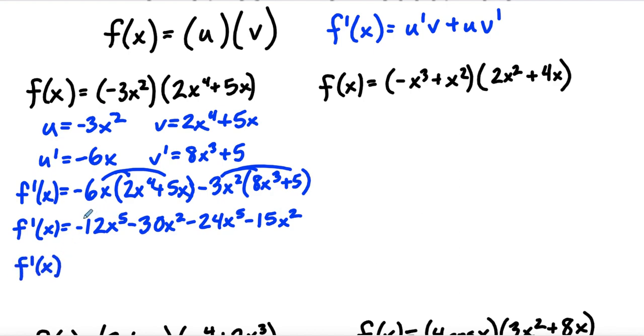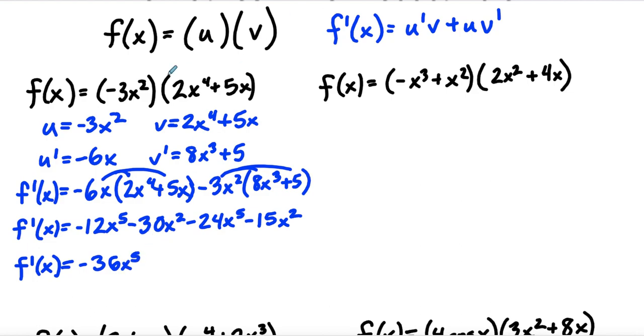Okay, now at this point, you always want to see if you can combine things, and it looks like I can. I have negative 12x to the fifth and negative 24x to the fifth. Remember, all you need to combine is the same variable to the same exponent. So negative 12 minus 24 gives me negative 36x to the fifth.